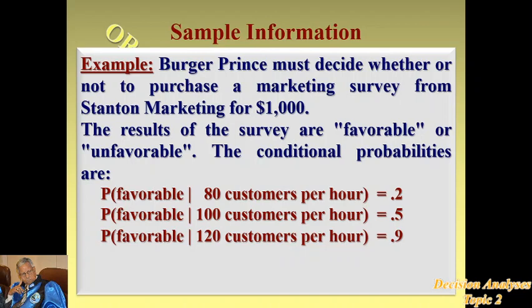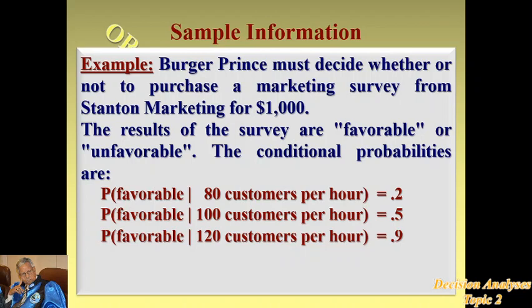The conditional probability of favorable on condition that 100 customers per hour is our state of nature will be 0.5, يعني 50%.